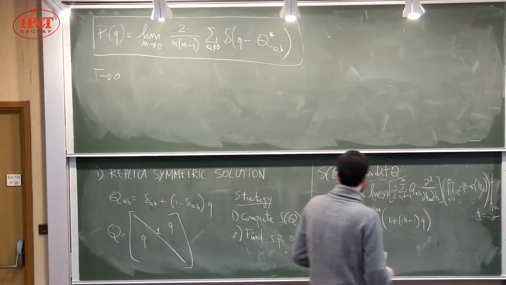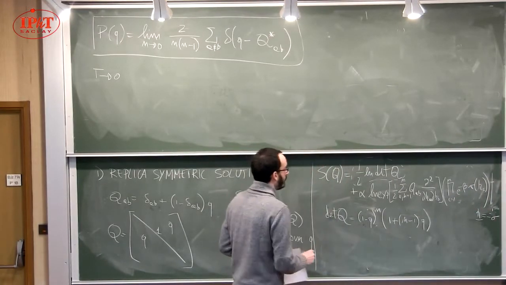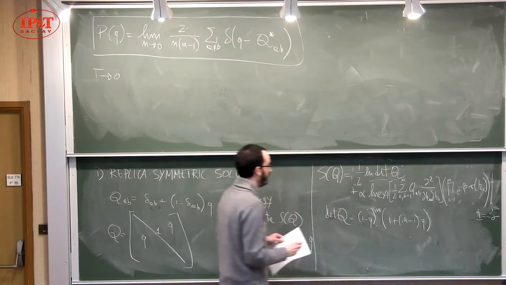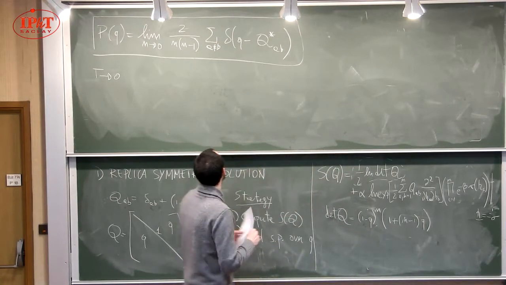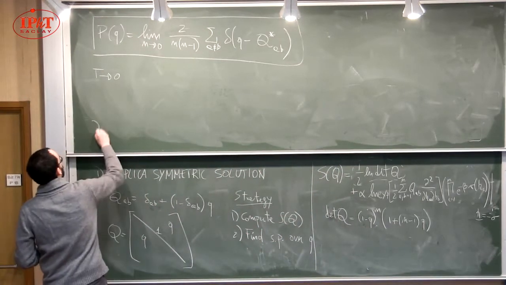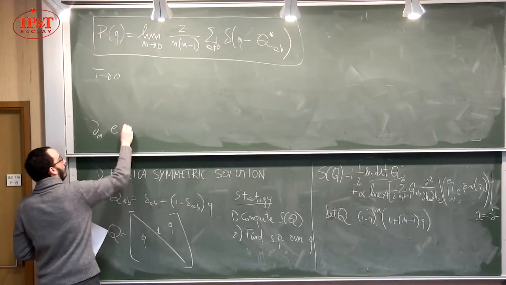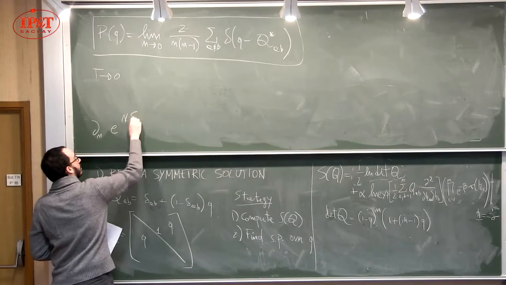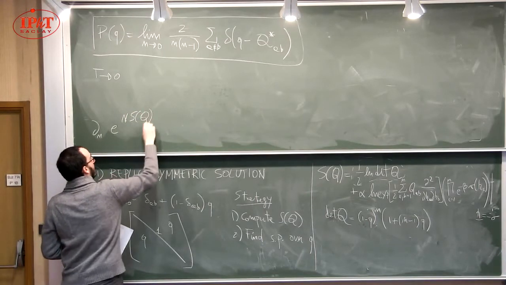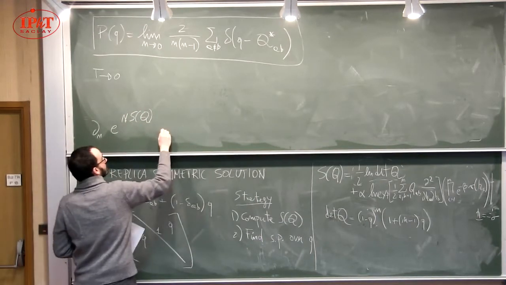Remember that at the end we want to take the derivative over small n of e to the n times f of q, and then send n to 0.